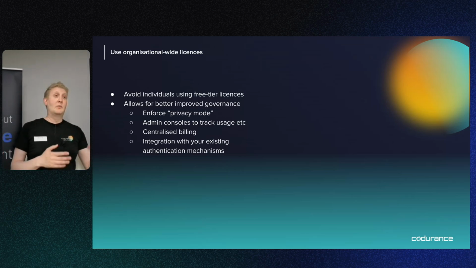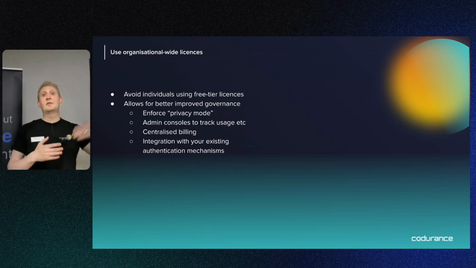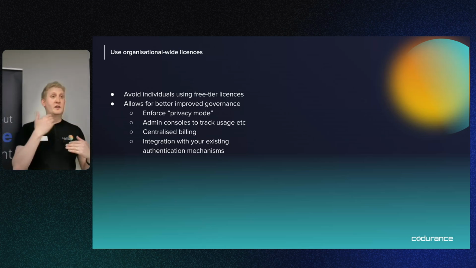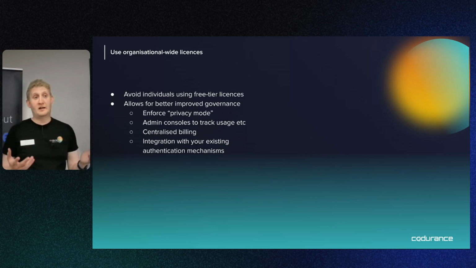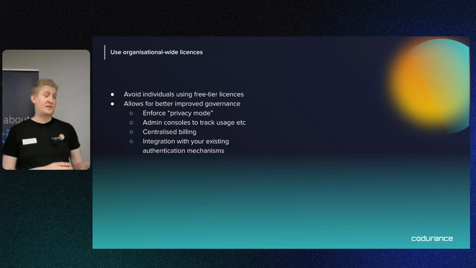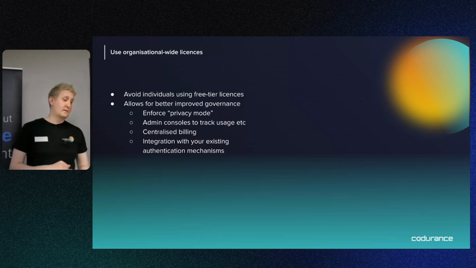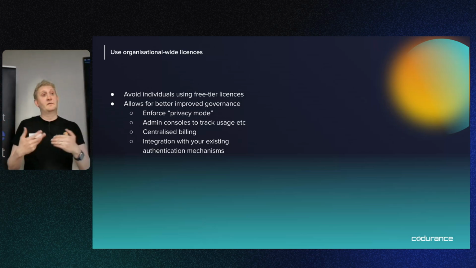I would say, okay, maybe try a monthly or quarterly license, but still have an organizational-wide license, because there are a lot of benefits to doing that versus individual free tier licenses. Some of them include, for example, the privacy mode that you can enforce.